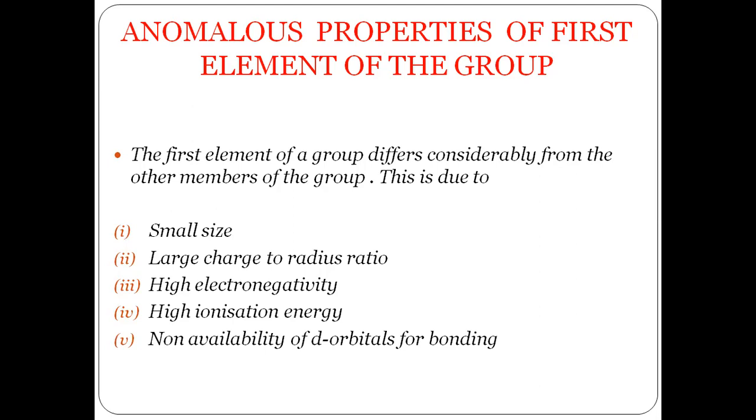As a result, they show many anomalous properties which are not shown by the other members of the group. Very important for understanding the anomalous property. These are the 5 reasons leading to these anomalous properties.